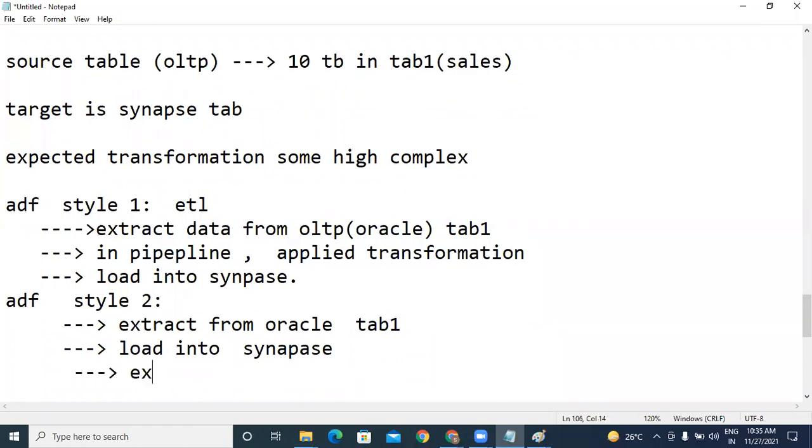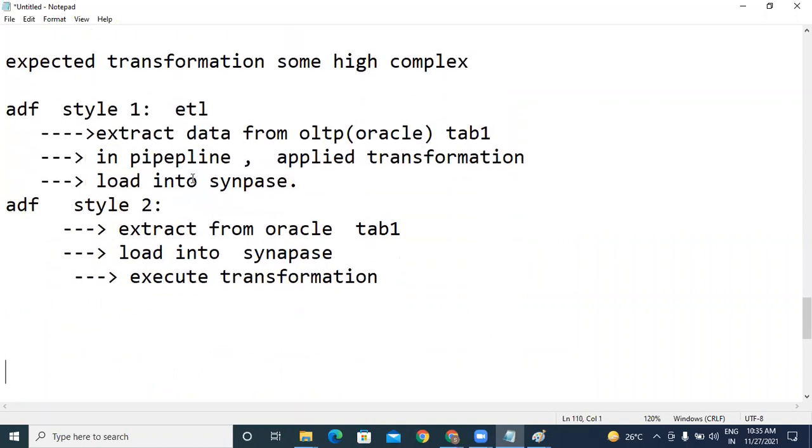And then execute transformation. This work is what? ELT. That is, execute transformation by Synapse.